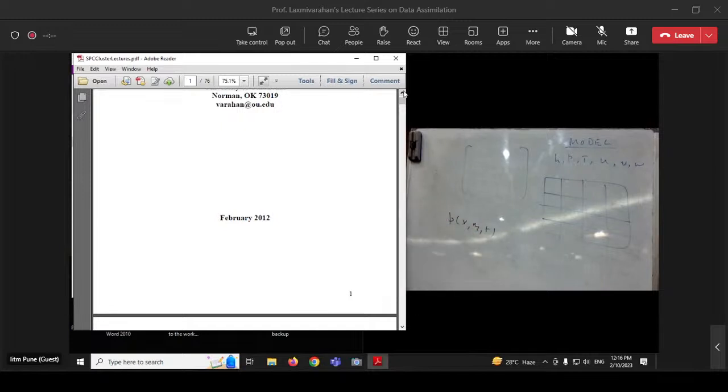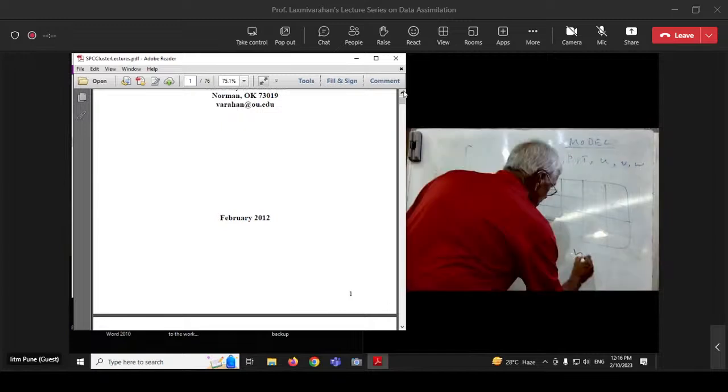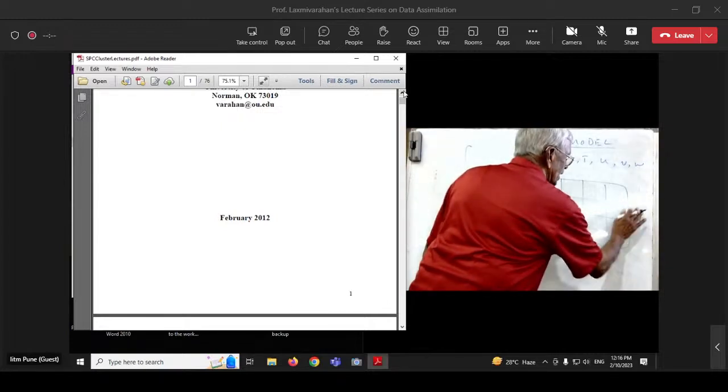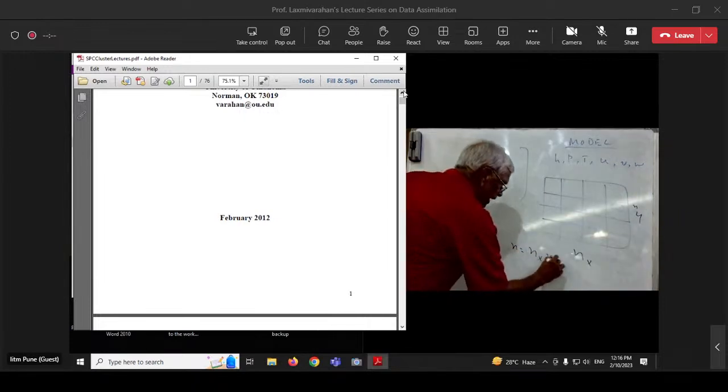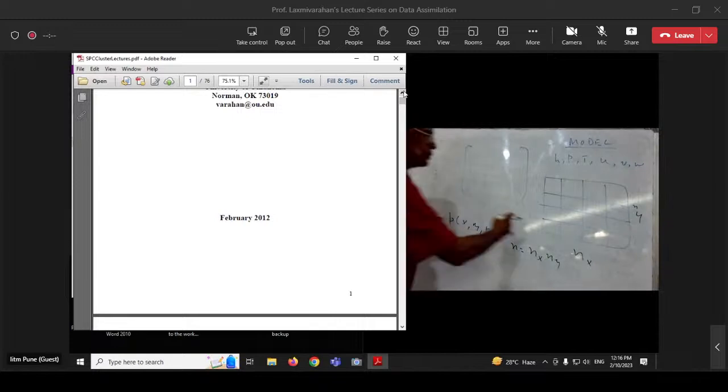That's a continuous function, but we don't know how to compute with continuous functions. In digital computation, everything has to be discretized. So one way to discretize it is to embed a grid. The grid has nx number of points and ny number of points. The total number of grid points is n = nx times ny. You are going to number them.